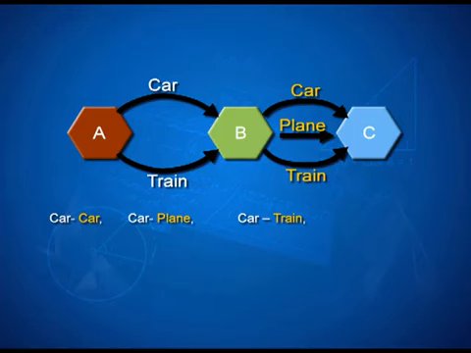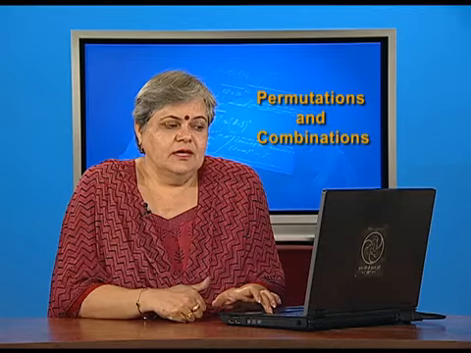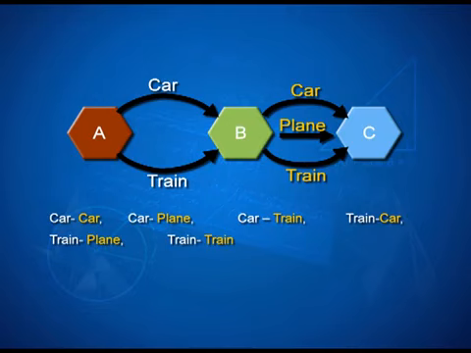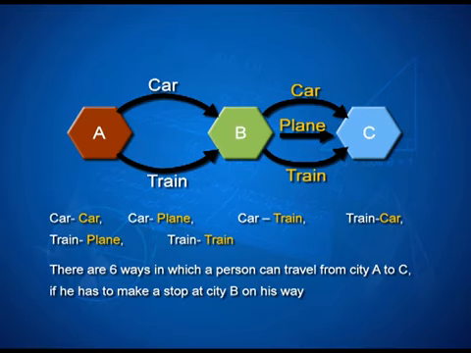So, there are already 3 ways, and similarly 3 more possibilities arise if we go from A to B by train and then he chooses either car or plane or train. So, in other words, there are 6 different ways in which the person can travel from city A to city C if he makes a stop at city B on his way.